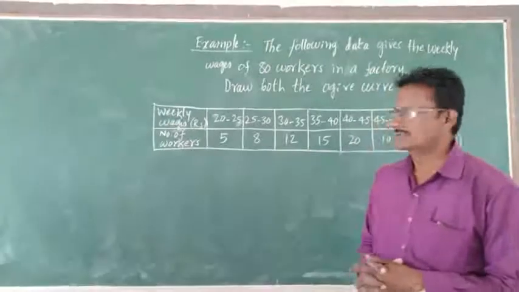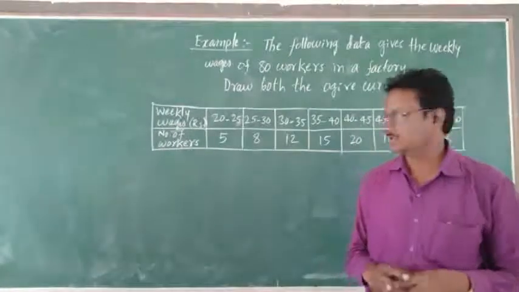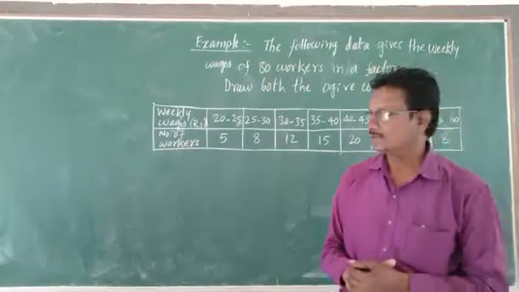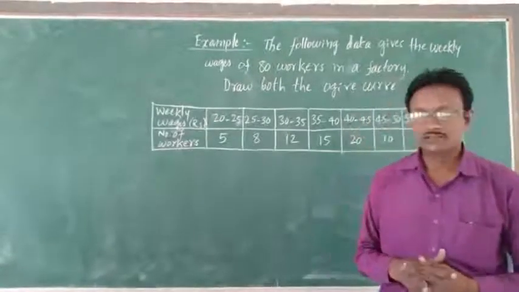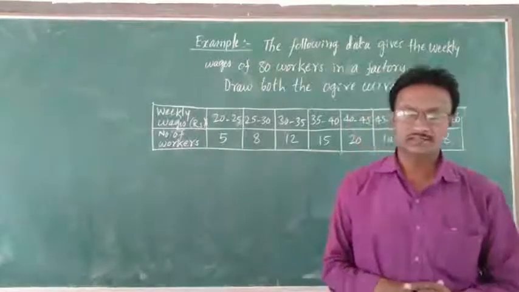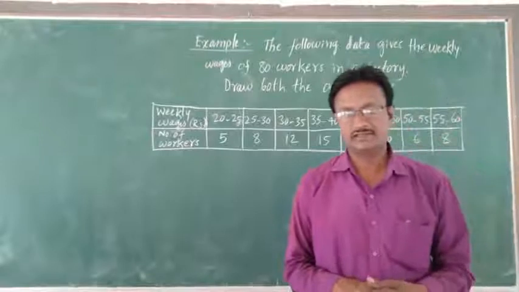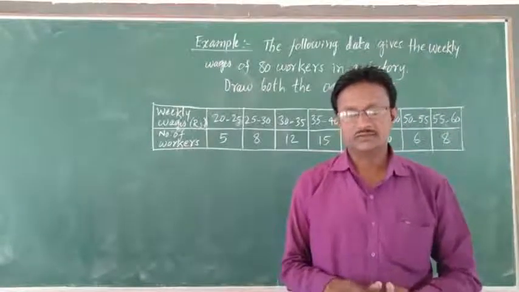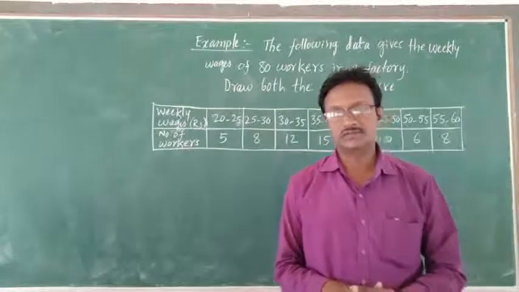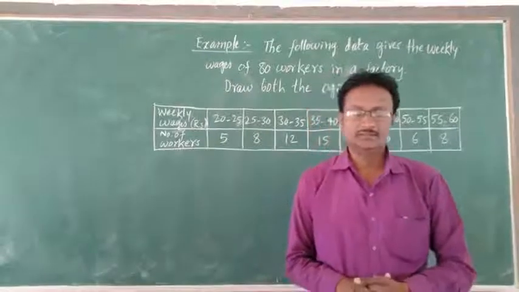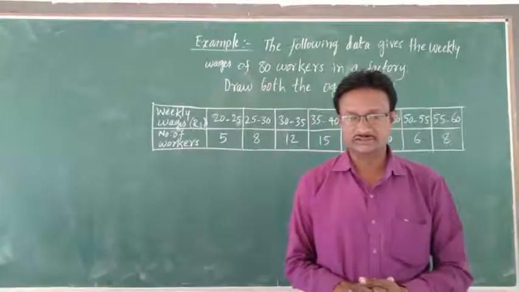It is a continuous frequency distribution because here there are class intervals, and to draw less than ogive curve we are required to ascertain less than cumulative frequency, and to draw more than ogive curve we are required to ascertain the more than cumulative frequencies.